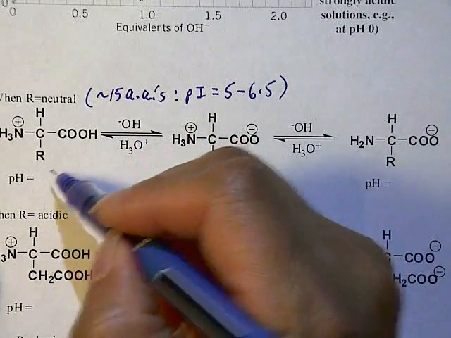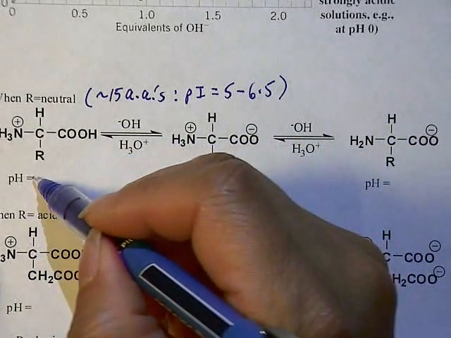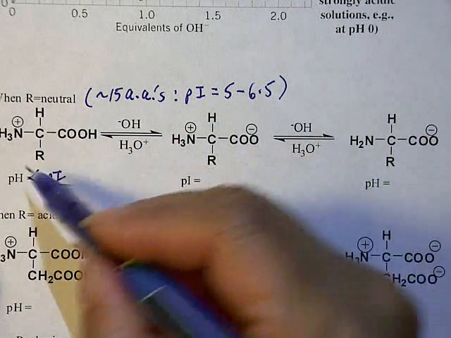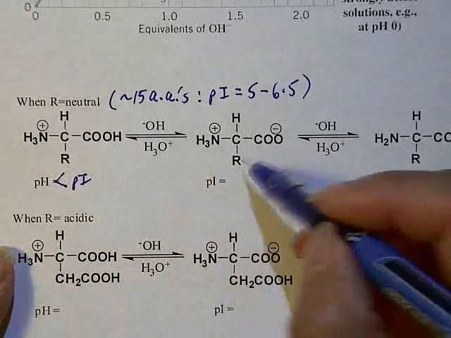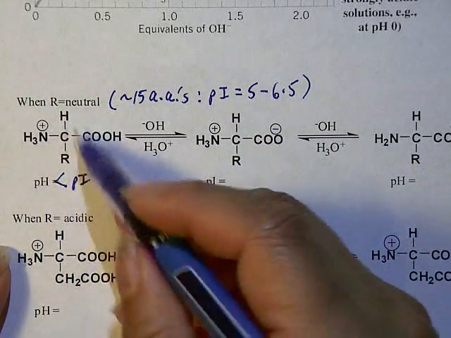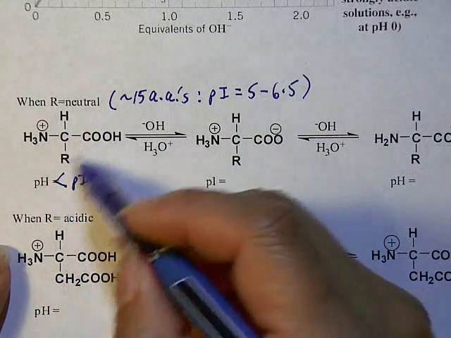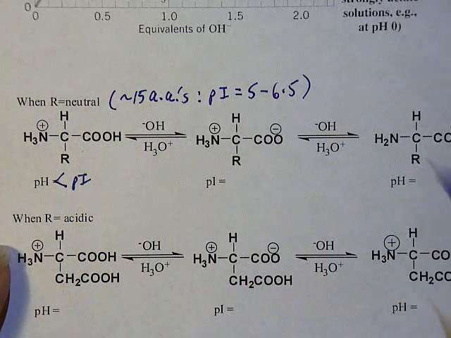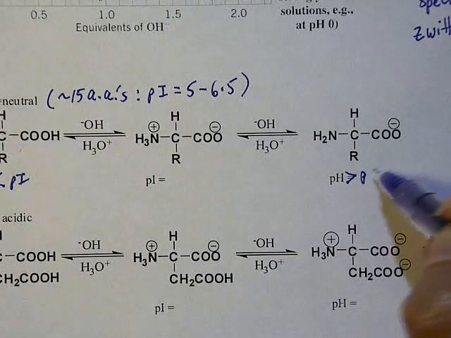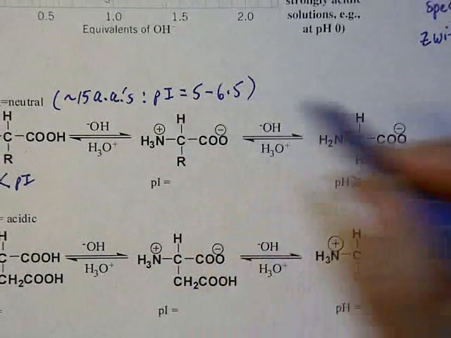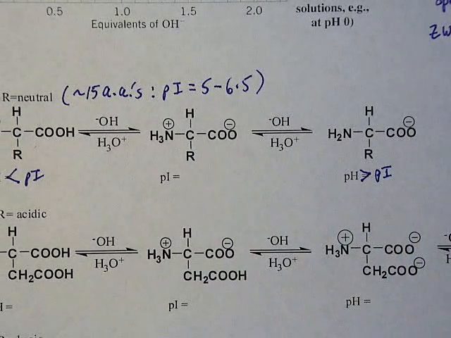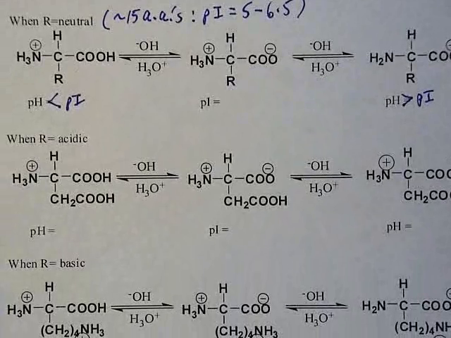And then if you're in a more acidic environment, like if the pI of this was 5, and if you are in an environment that's less than 5, then more and more of this form will dominate. And then if the environment that you're sitting in is greater than its pI, then more and more of this form will exist. And simple as that, that's it.